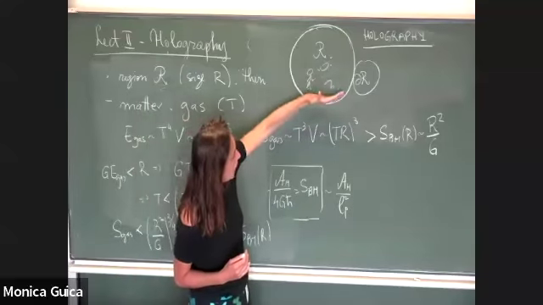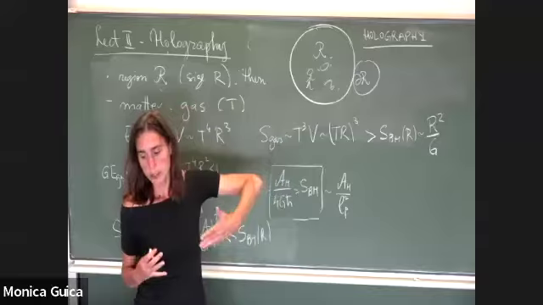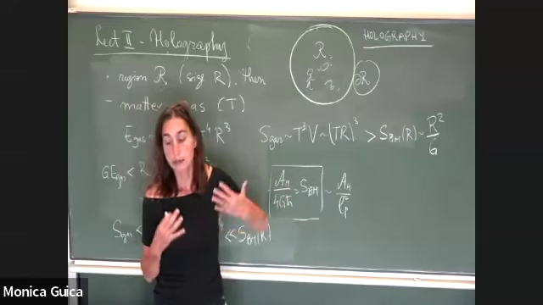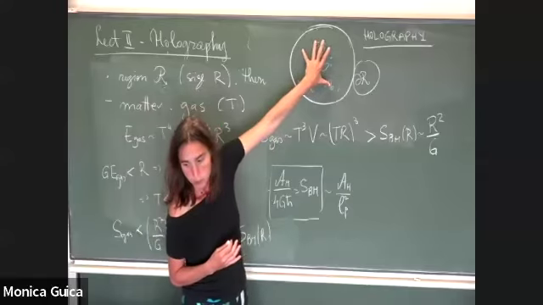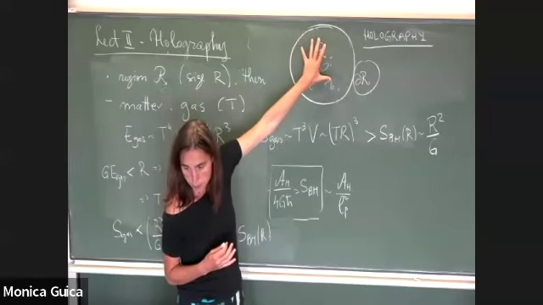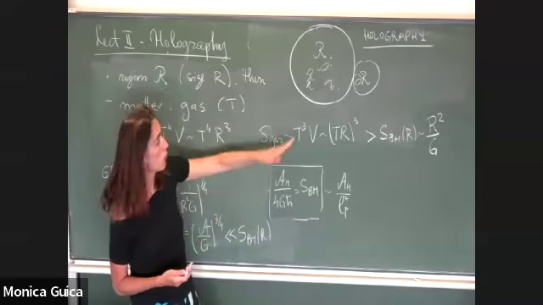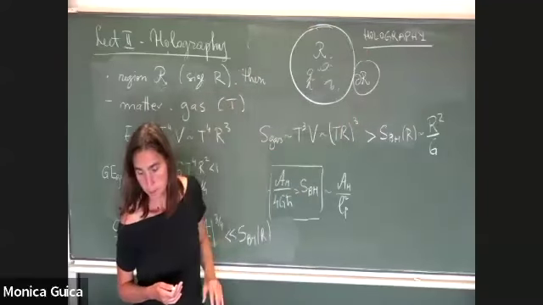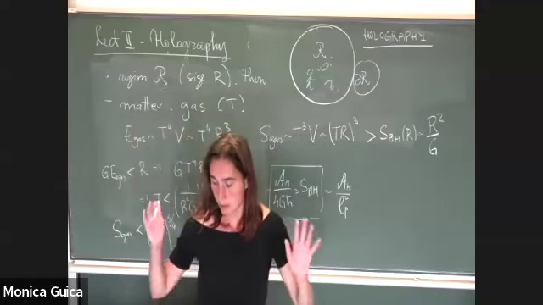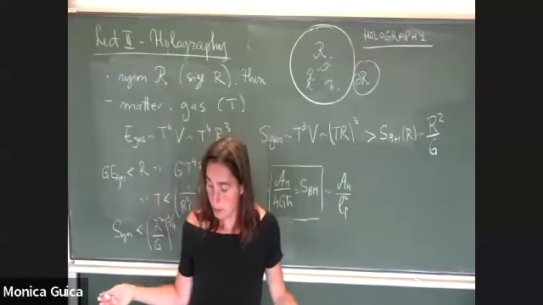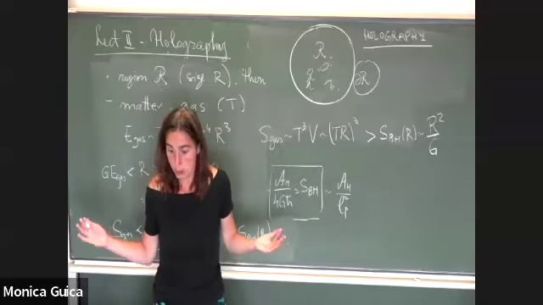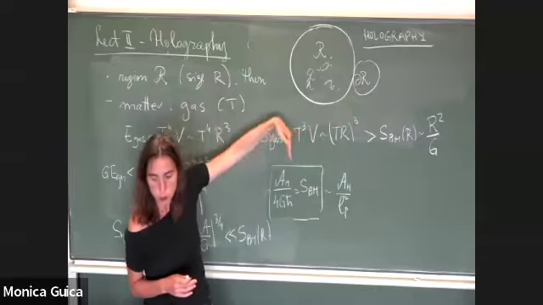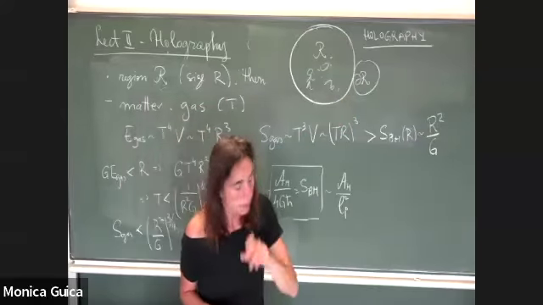The way that holography is usually stated is that a theory of quantum gravity in some region R, or in some space-time, can be rewritten in terms of a non-gravitational theory that lives on the boundary of the space-time. It's not 100% clear to me that's true very generally, but in the known examples of holography, it is true. You can rewrite a gravitational theory in higher dimensions in terms of a non-gravitational theory in lower dimensions.